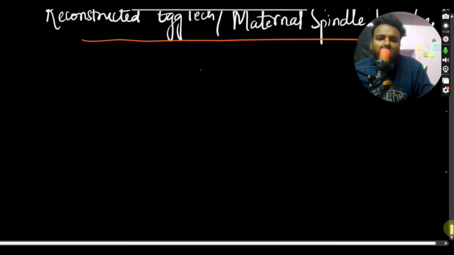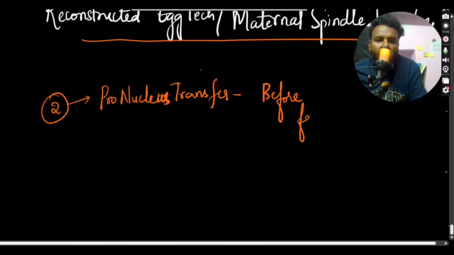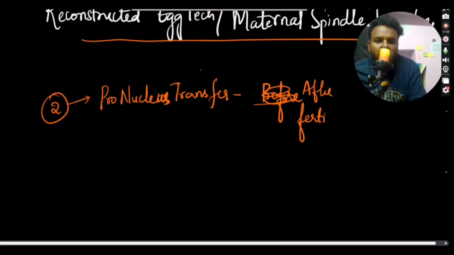So once again we'll revise. We have two methods. First one is pronucleus or pronuclear transfer. It happens after fertilization. After the sexual activity, the sperm plus ovum get fertilized and form a zygote.